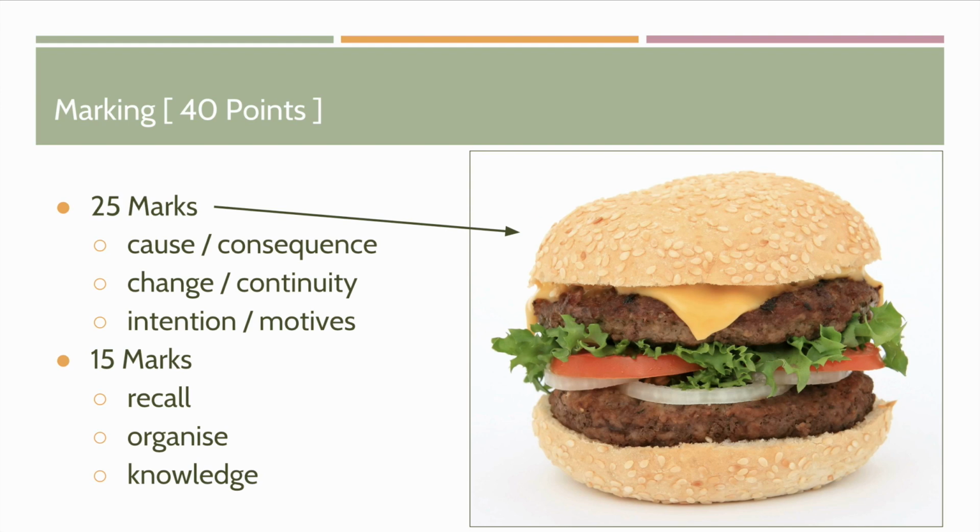You get 15 marks essentially for your recall, your organization, and your knowledge of facts and dates and things like that. Those are found in your paragraphs where you have your evidence of support.